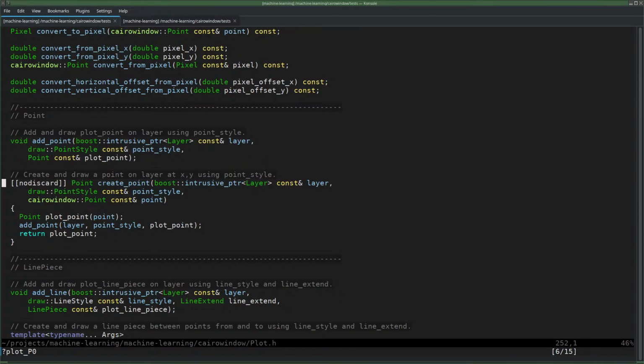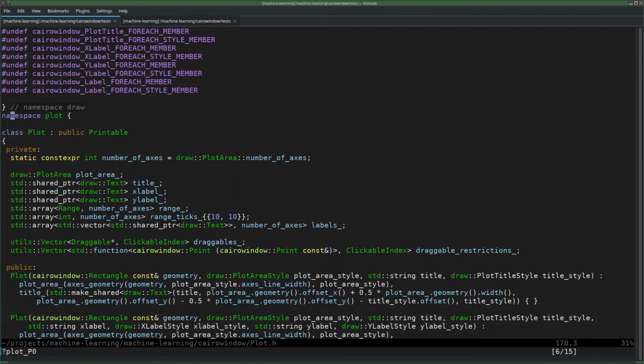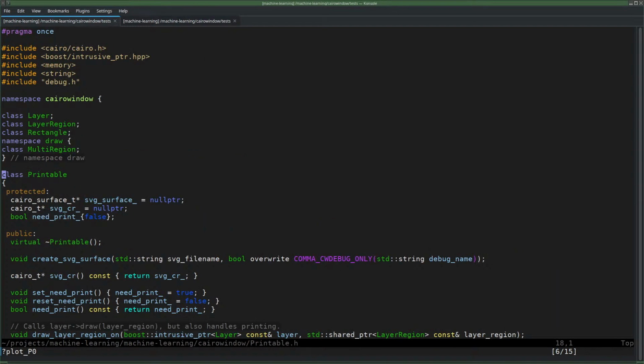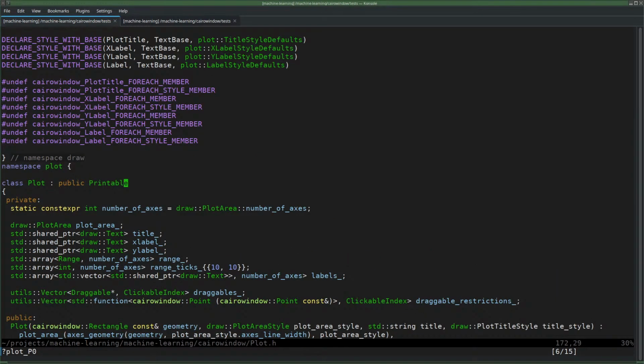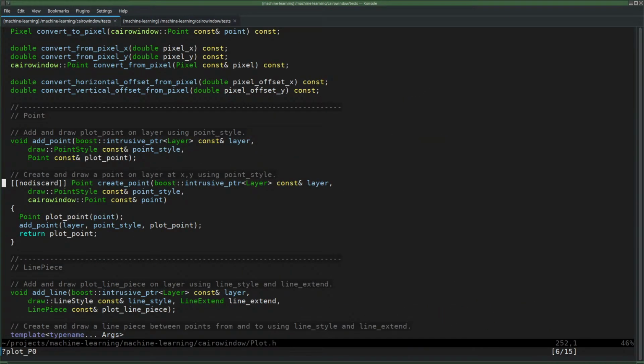That returns a point, but this is in what namespace? Doesn't really matter, I think, but it's a namespace plot. Oh, it's a plot. What? There's nothing to do with the pointer. Plot create point. It's like literally staring me in the face that it returns a point.